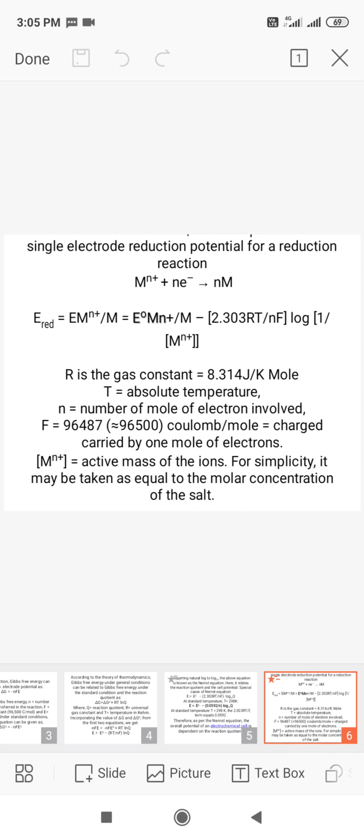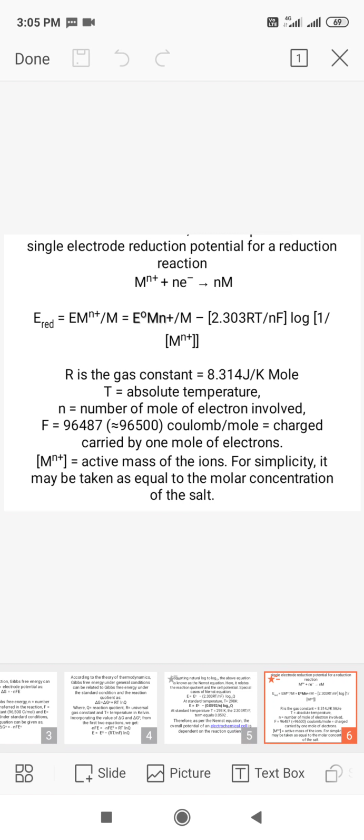If it is an aluminum electrode, then n is equal to 3. If the electrode is made up of silver, then its valency is 1, therefore the number of electrons transferred is also equal to 1. Therefore, n refers to the valency of the metal. It varies with respect to the metal.